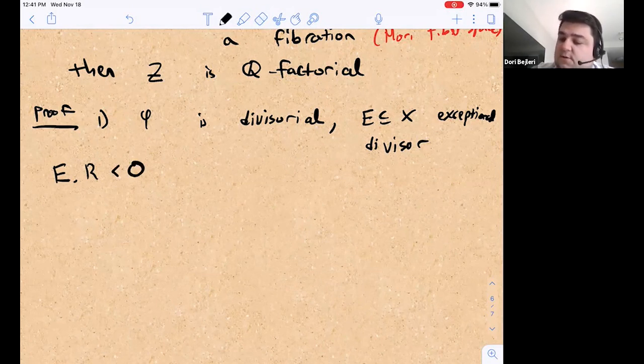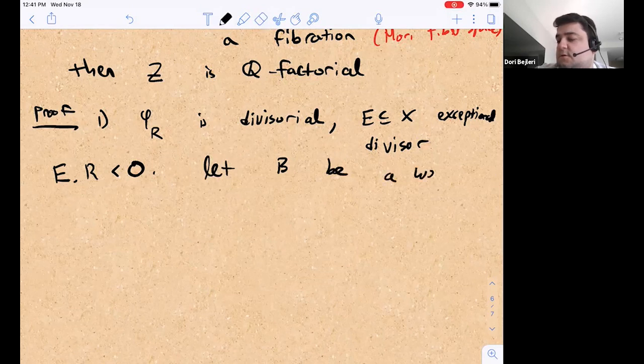So I should have an R there as well. So now pick B, or just let B be a Weil divisor on Z.